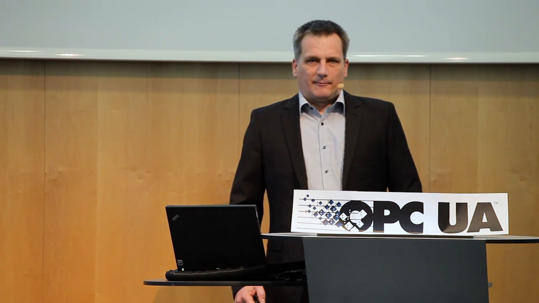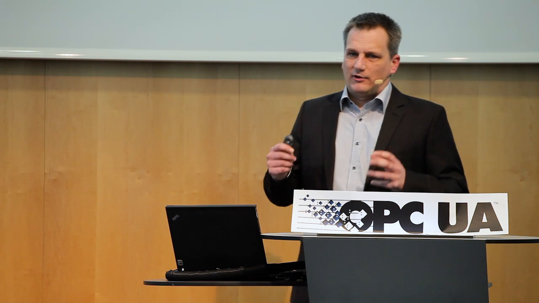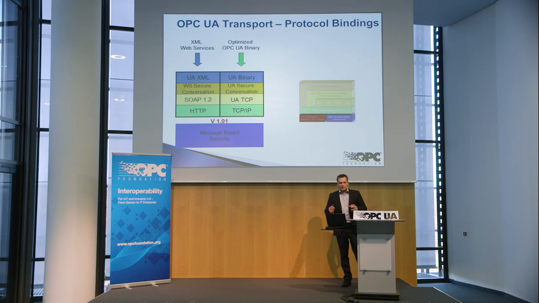Those two we call the message security, because the message content is secured. You can now transport the secured message over an insecure transport channel. So you can transport over HTTP or TCP because the message itself is already secured.